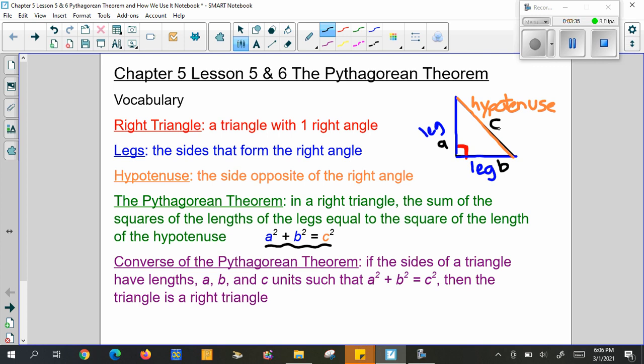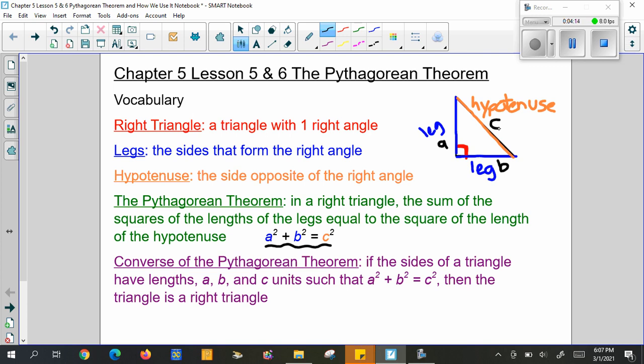As we learn the equation, there is an interesting relationship made by the two legs and the hypotenuse. With the Pythagorean theorem, we have what's called the converse of the Pythagorean theorem. And converse, in this sense, is if I take a definition and I turn it around backwards, if that is still true.